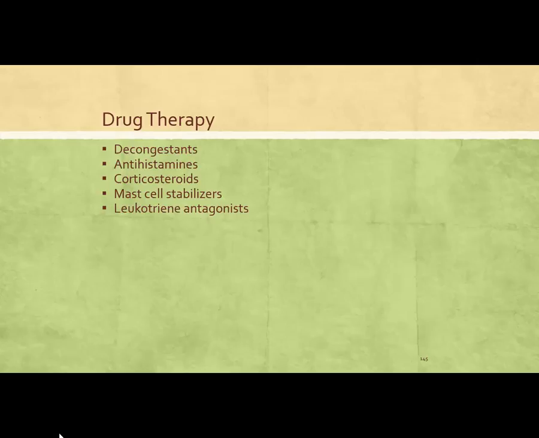I briefly mentioned the drug therapies. So when we are considering drug therapies, we consider the use of decongestants, and decongestants are really systemic drugs, but we can also utilize nasal sprays. A lot of times those decongestants will contain ephedrine, and so we need to caution our patients that have high blood pressure and cardiac problems.